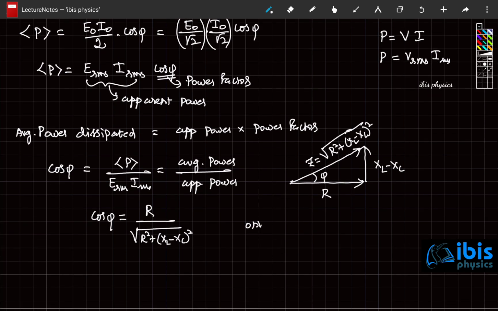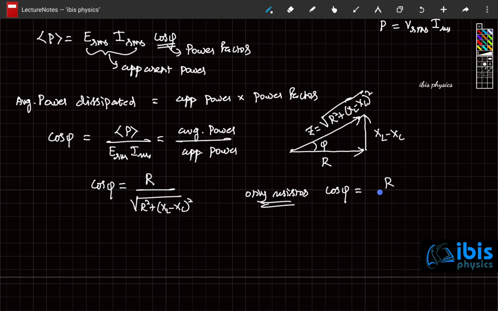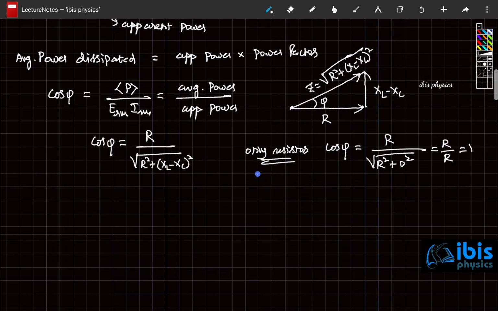Suppose the circuit is only a resistor, then the power factor cos phi is R divided by the square root of R square plus 0 square, because it is only a resistor, no XL, no XC. So this becomes R by R, which is equal to 1.